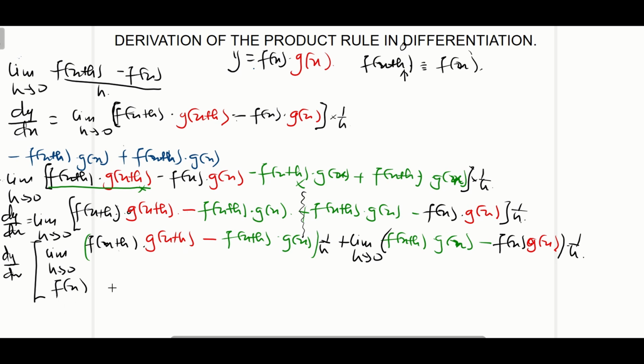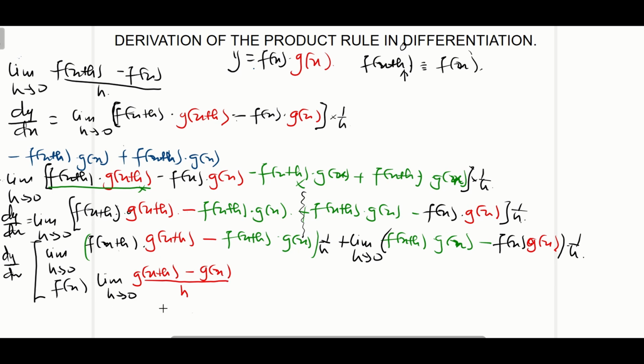Now we have the limit as h approaches 0 of g of x plus h minus g of x, and mind you, everything is over h. So what does this tell you?